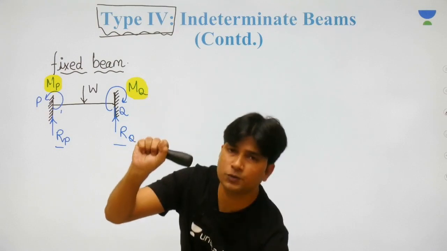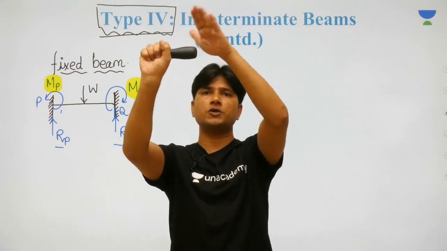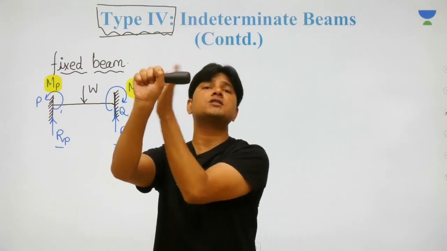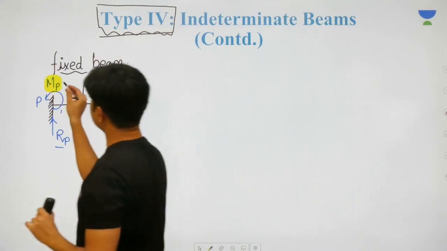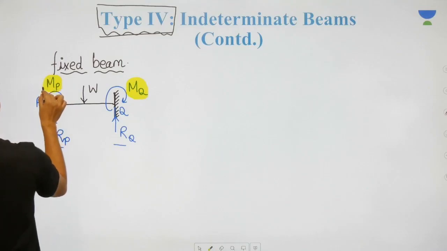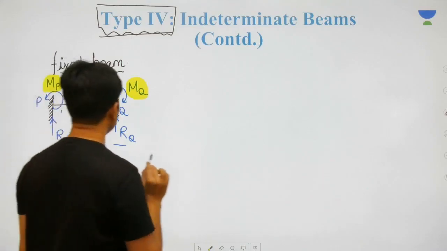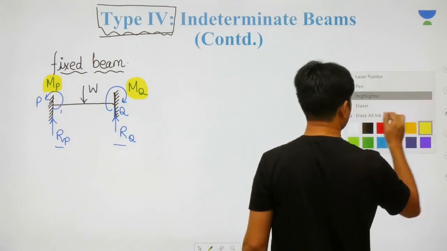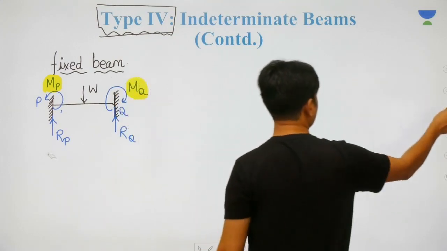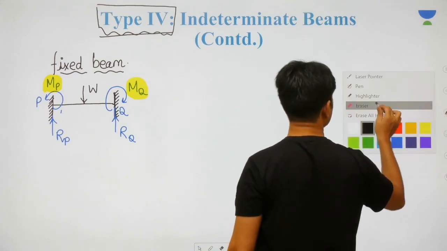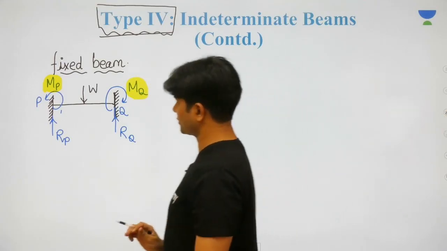No matter how much force you apply, the fixed support doesn't allow the rotation, and therefore the fixed support is resisting the moment also. Whenever you have a fixed support, you're going to introduce not only a reaction force but also a reaction moment.